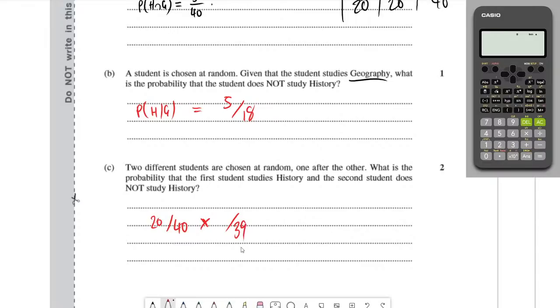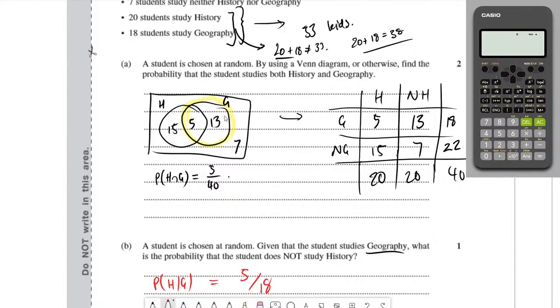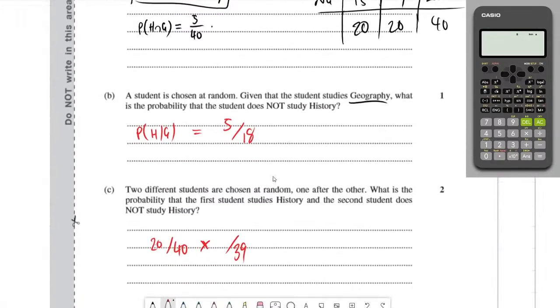So now we've only got 39, because if I'm picking 2 kids, unless it told me that they went and sat back down, which it hasn't, I'm picking 2 kids, 39 now, and I want that they do not study history. So looking at this, that's either this number here or that number there. So it's also going to be 20 out of 39, okay?